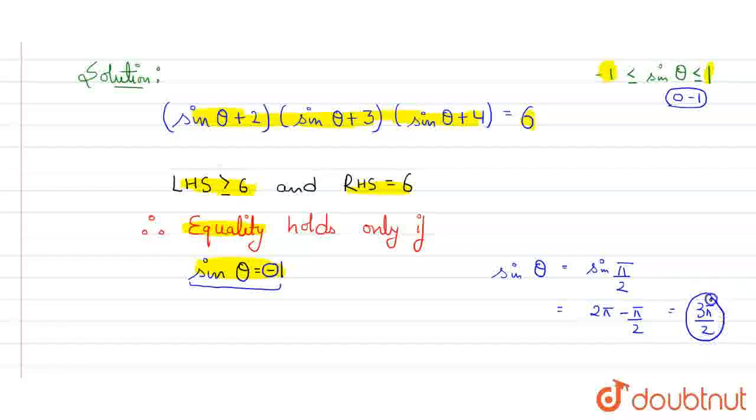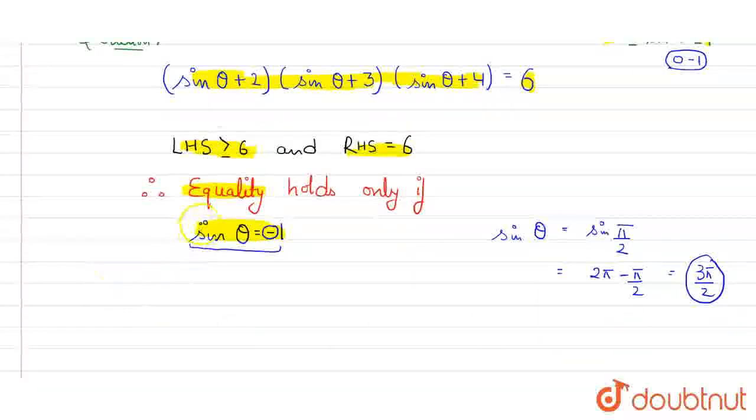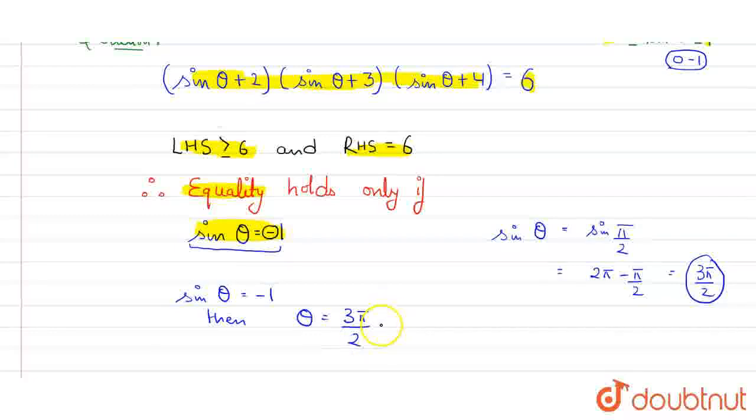So if sin theta is equal to -1, then theta should be 3 pi by 2, and sine repeats after every 2 pi. So if I add 3 pi by 2 plus 2 pi, I get 7 pi by 2.